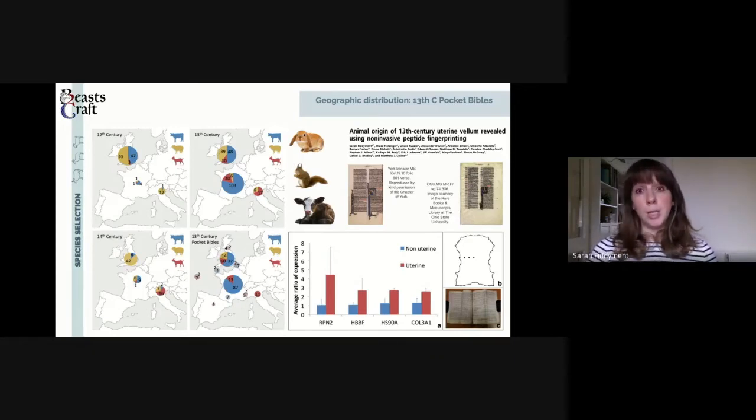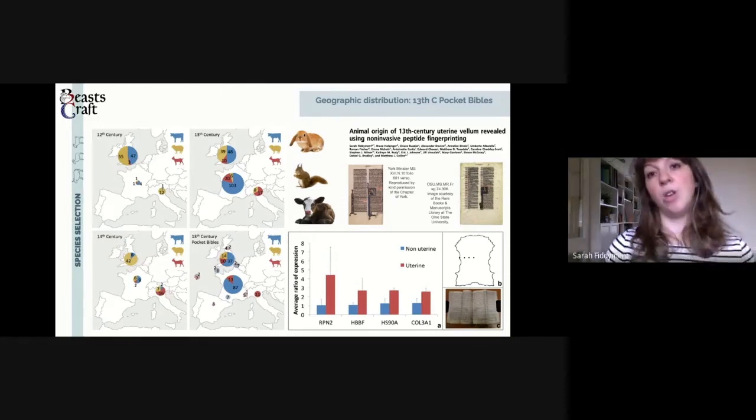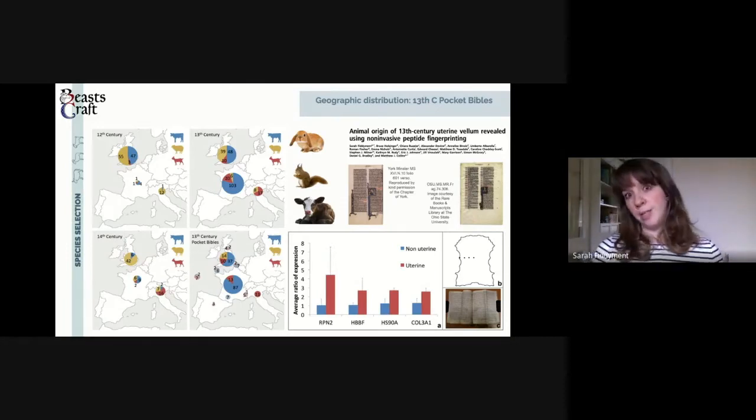And we were able to detect the differences. So we were able to see this higher level of these proteins in our uterine calf versus the historic document. So potentially there would be a way of actually identifying whether these animals used were in utero or not. However, we're still not at a place where we can do that non-destructively, but the potential is there.